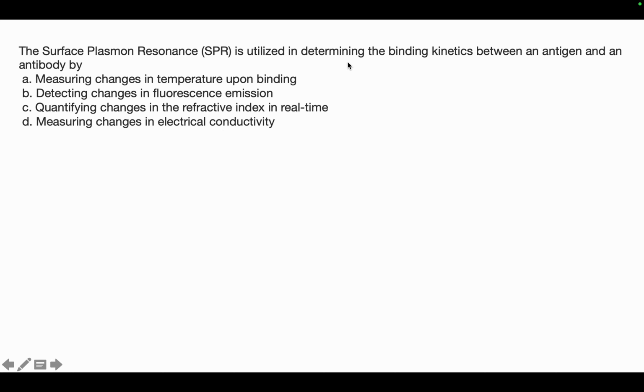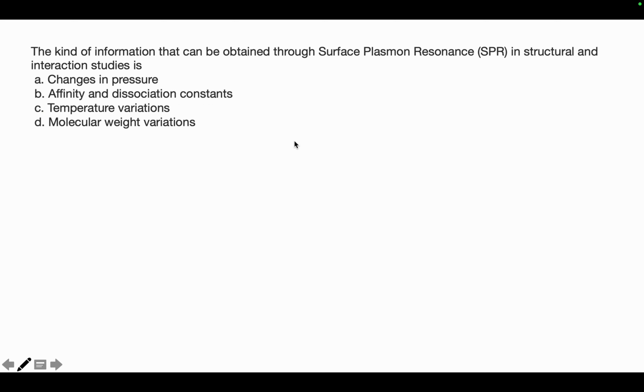SPR is utilized in determining the binding kinetics between an antigen and antibody by quantifying the changes in the refractive index. So there will be a change in the refractive index, and thus it will change the angle theta of the light which is refracted, which will tell us about the different binding interactions.